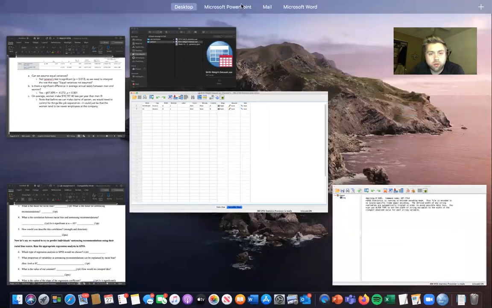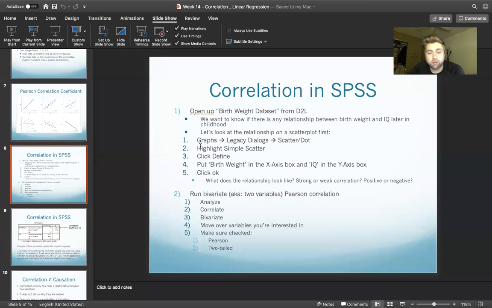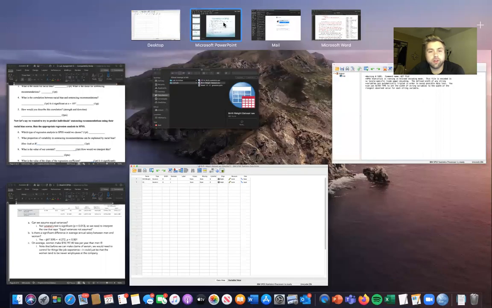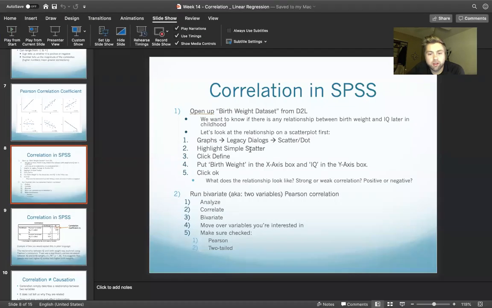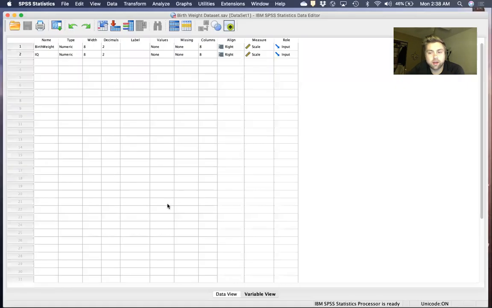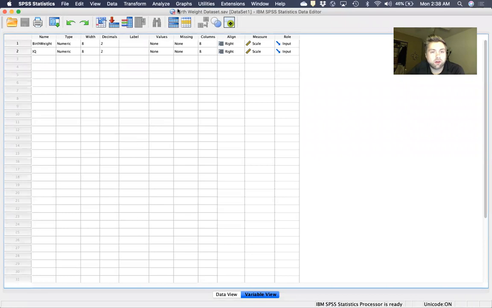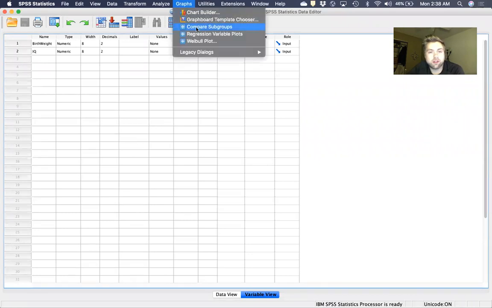All right, our data is open, so I'm going to go back to the PowerPoint. So I'm going to do Graphs, Legacy Dialogs, Scatter/Dot. And this is going to help us look at the relationship on a scatter plot before we actually run the calculation.